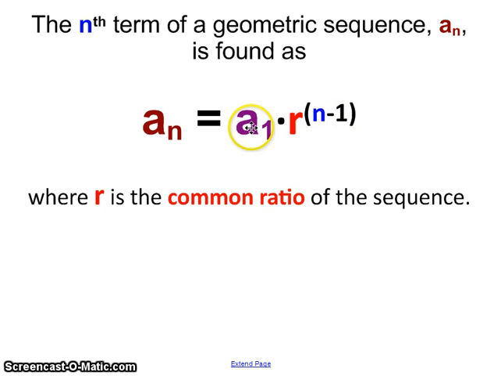In this case, however, we're multiplying instead of adding, and we're exponentiating instead of multiplying. But we've got kind of the same pattern going on. And so this formula, if we know a sub 1 and we know R, will allow us to plug in a value of n to get the nth term of the sequence.